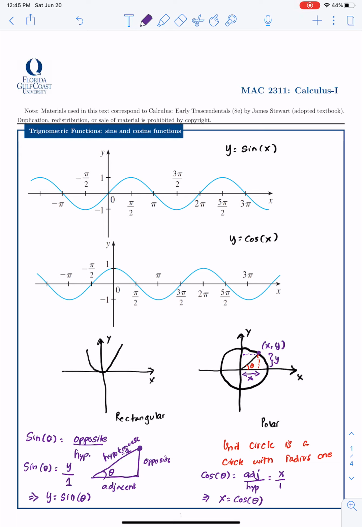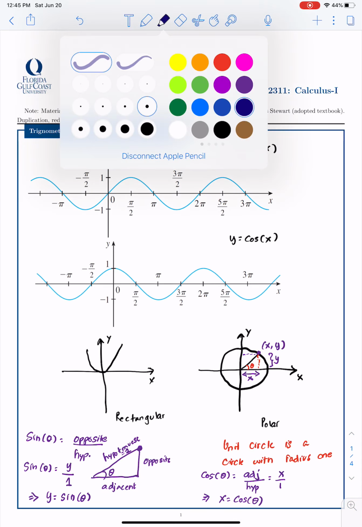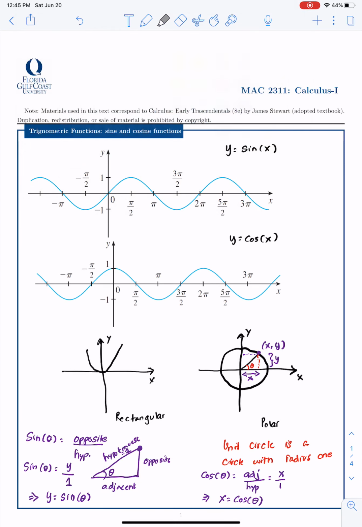So the coordinate right here in the rectangular form is equal to cosine theta and sine theta in the polar form. So we made a connection between the real number line and the polar system that we have.